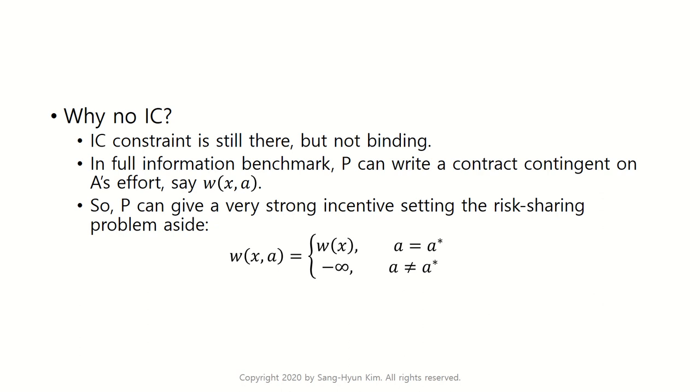Okay, so in the full information benchmark, the principal can write a contract which is contingent on the agent's effort. Let's say W of X and A. So we have two arguments here, W of X and A. So the revenue X and the effort A. So these two are the contingent variables which the wage depends on.